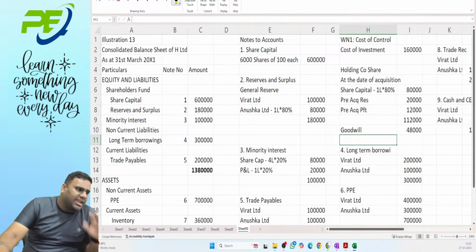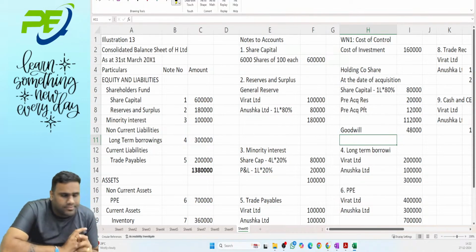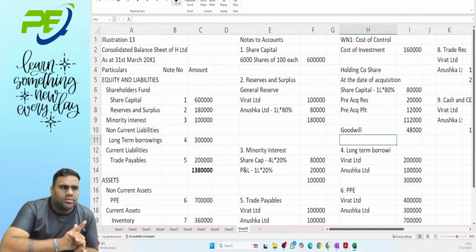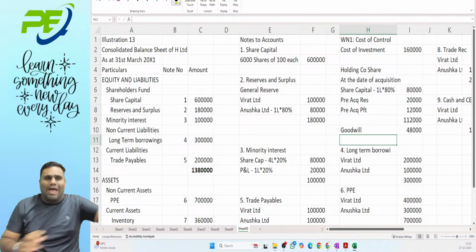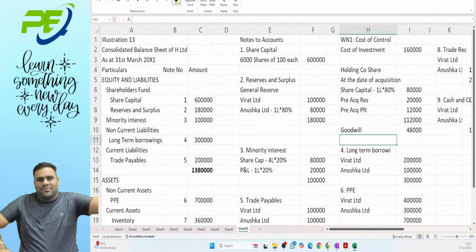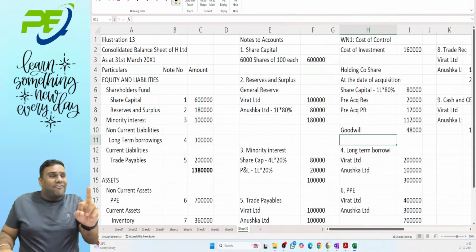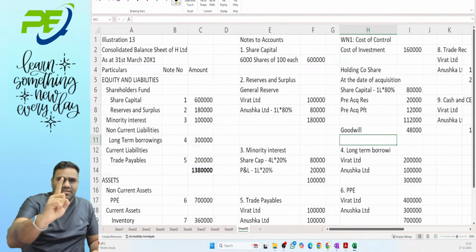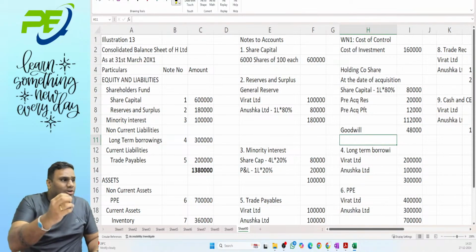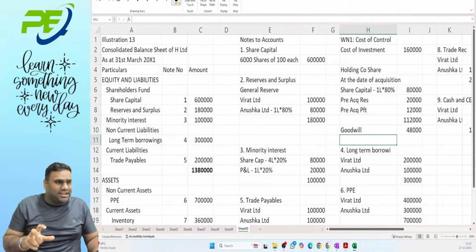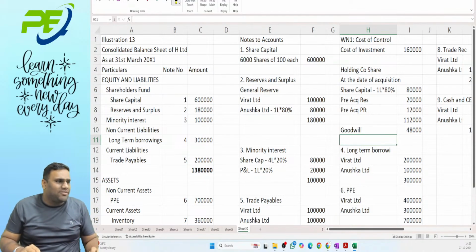I want you guys to think and tell. Revaluation we have done at the beginning of the year. So yes, you have adjusted the assets. But what about the reserve?